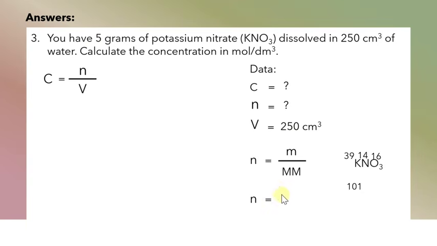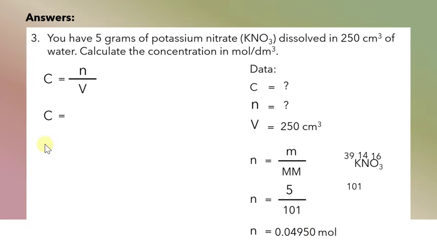So push 5 grams there over molar mass, what we have found here. Okay, so meaning number of moles is going to be equal to 5 divided by 101. It is going to be 0.04950 moles.